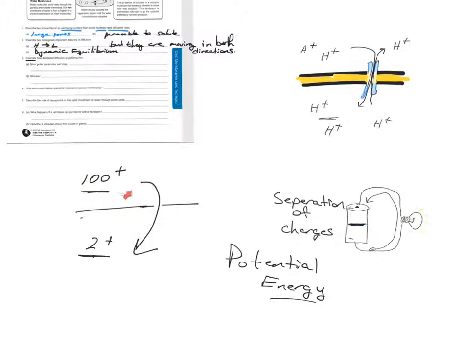But if you reach equilibrium, if you allow this to go to equilibrium, hear me clearly. If you allow these 100 charges to go across the membrane and come to dynamic equilibrium, then you've run out of charges. There's no more energy left. You have zero potential energy left once you've reached equilibrium.